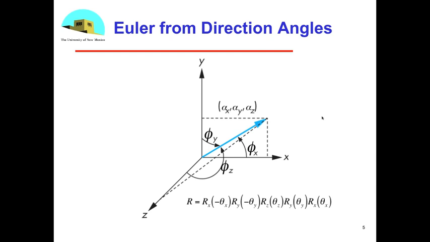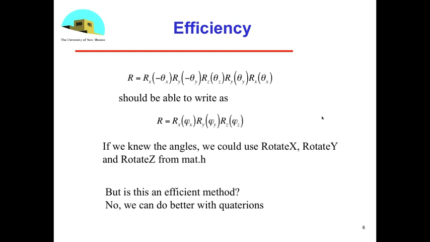That's worked out in detail in the notes. So that's the whole approach using Euler and direction angles. We could do that, but it's a lot of work, and it's not particularly efficient. Is there a better way? That's what's going to get us into quaternions in a minute or two.